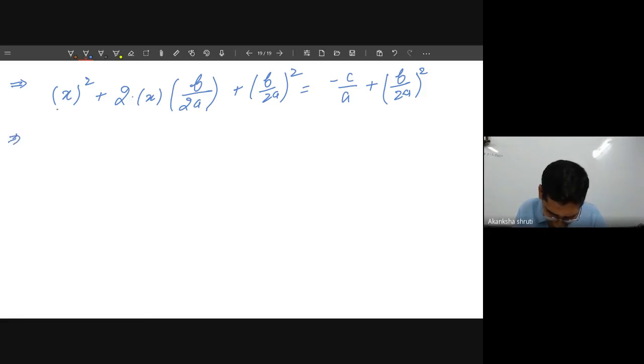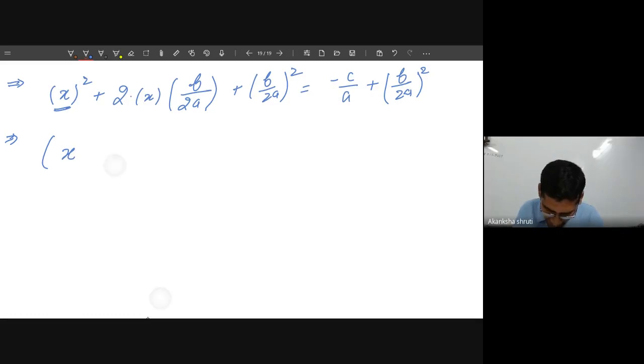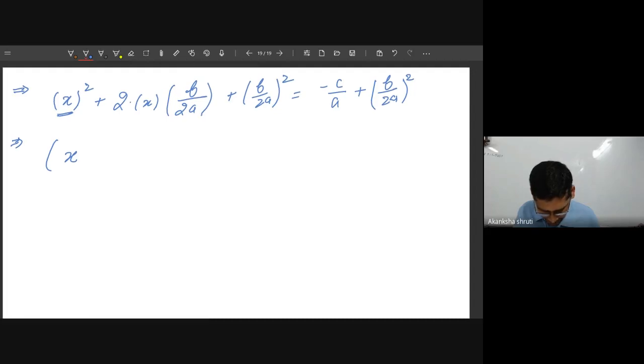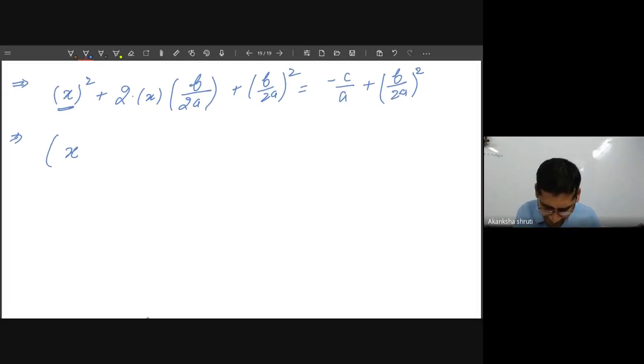Now, if you are taking x as a and this b by 2a as capital B, we can write this in the form of a plus b whole square or x plus y whole square formula. So students, this is like x and whatever this term, that we have to take as the other for the whole square, but whether plus or minus sign is decided by taking the sign of the 2ab term.